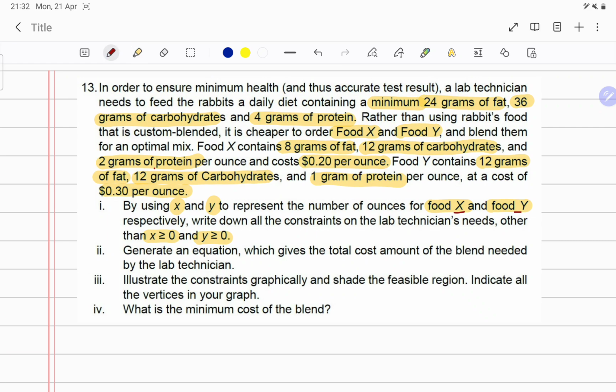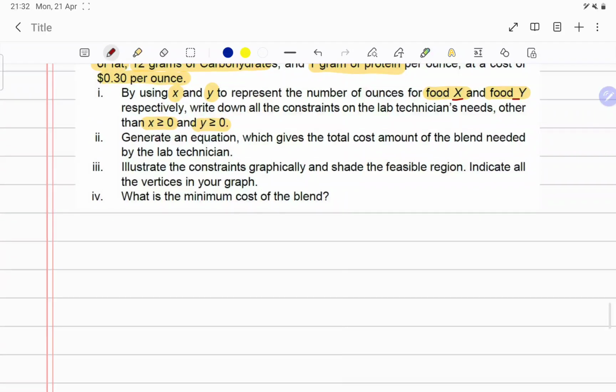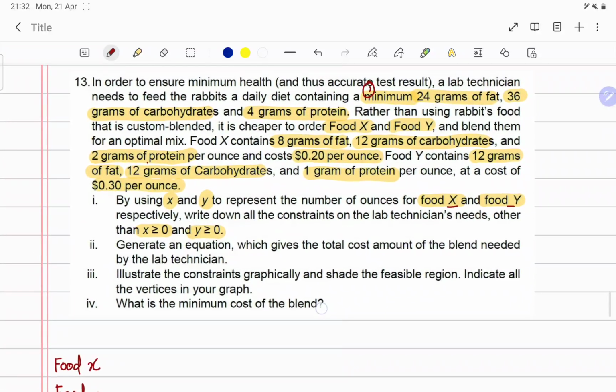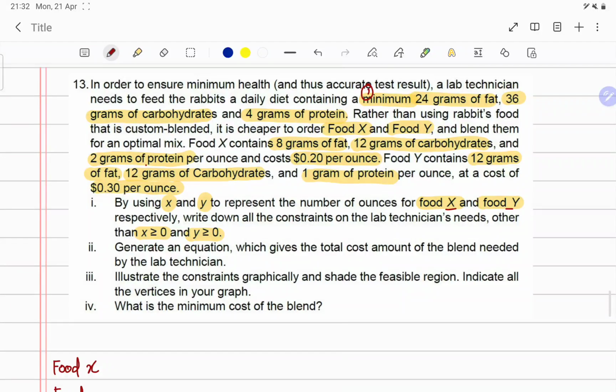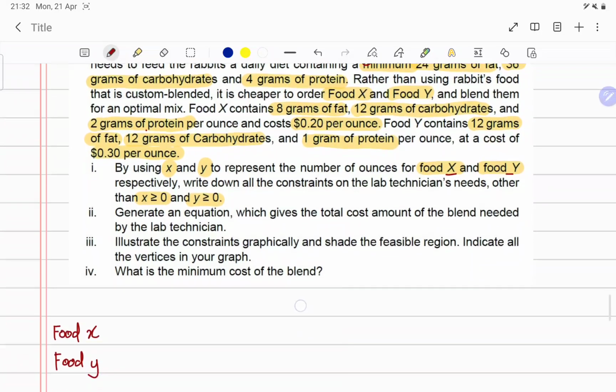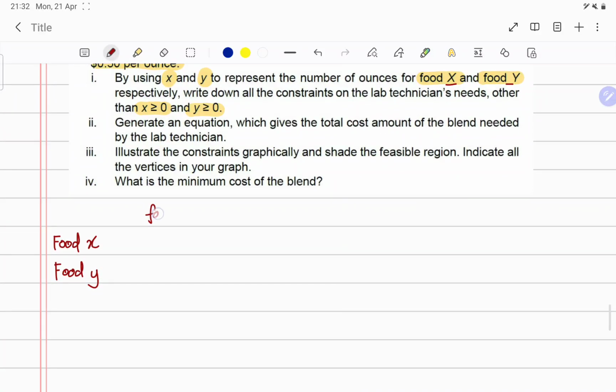Okay, now we need to list out first. The first one that we find is minimum. So if you see here, we have food x and food y. For food x, the diet inside the food is fat, and also we have carbo, and also we have protein.